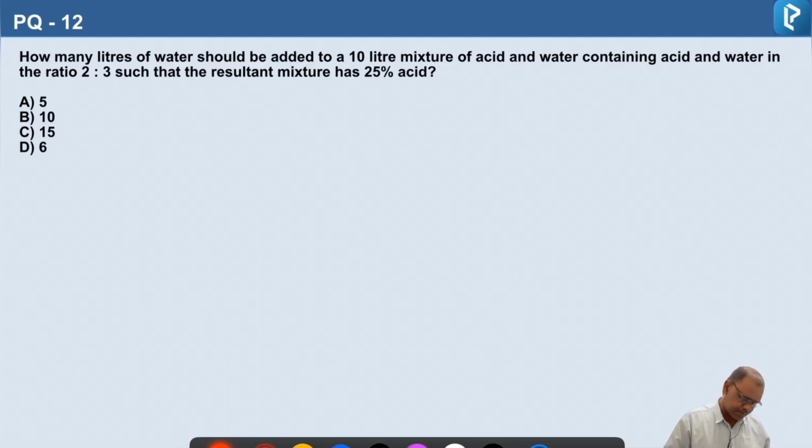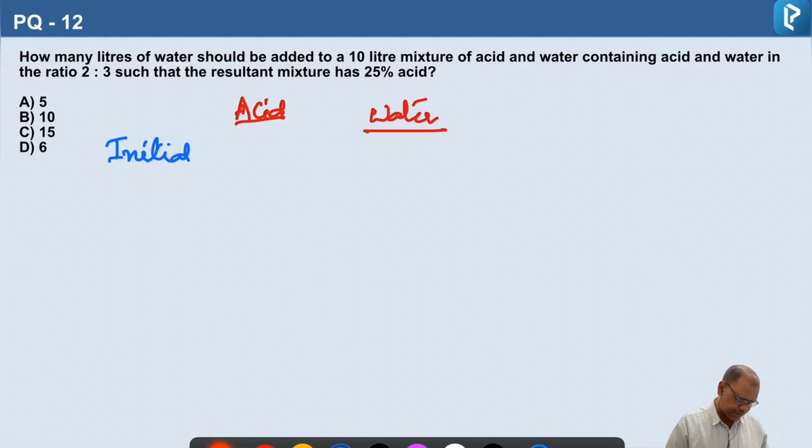So we have milk and water, here also acid and water. So what is the initial ratio of acid and water? 2:3. 2 parts and 3 parts.